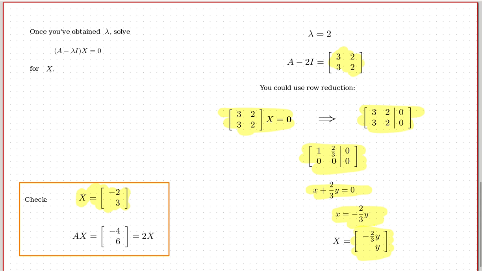If you're doing real-world problems with real-world data, you might have huge matrices that you'd want to work with. And in that case, this method of doing it by hand and solving a polynomial equation is not going to cut it, so you want to use computer methods. So what I'll do next is, let me show you how to do the same calculation on Mathematica.